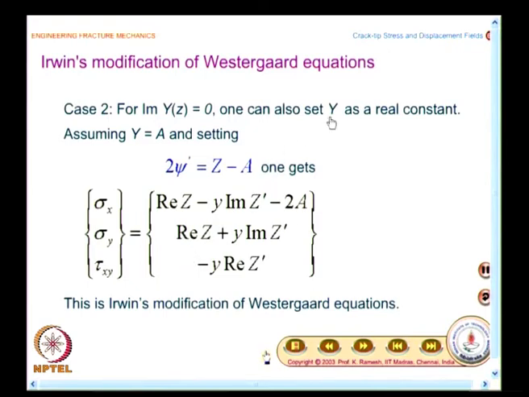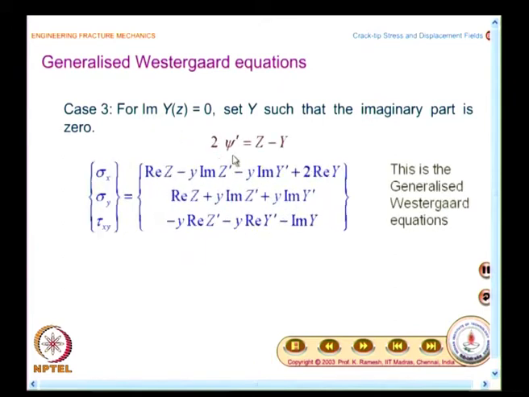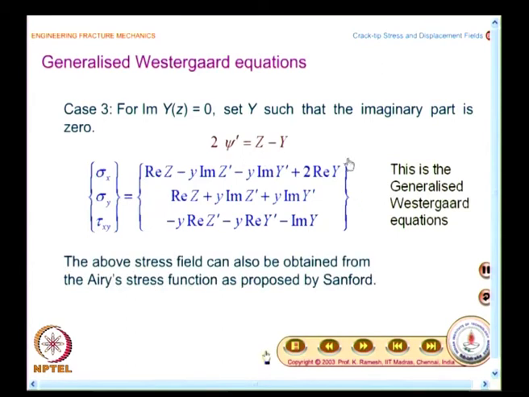Now, what I am going to do is have Y present, but we will only ensure that the imaginary part of Y z equal to 0. This is what we are going to emphasize. If I do this and take 2 xi prime equal to capital Z minus Y, I get the generalized Westergaard equations.